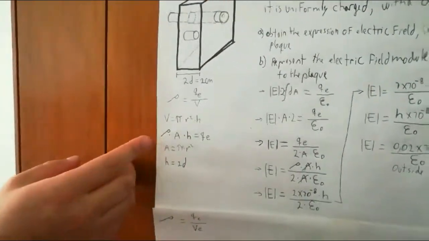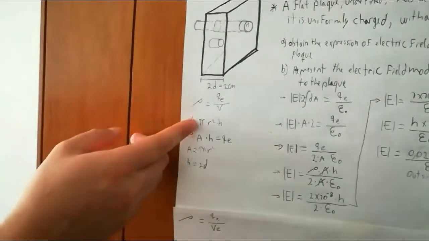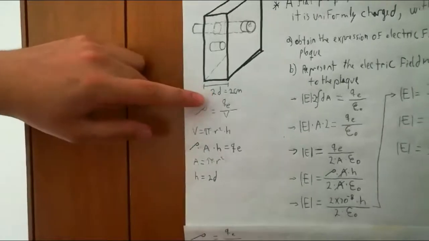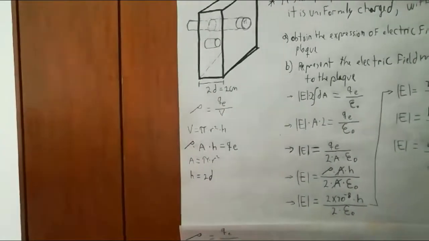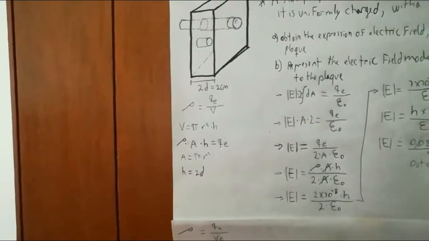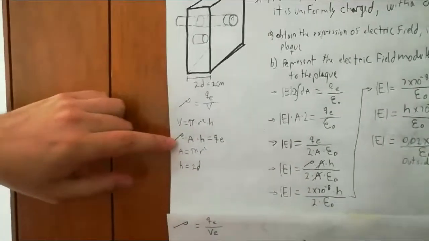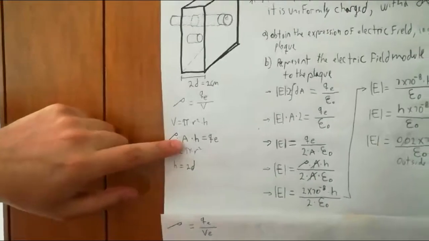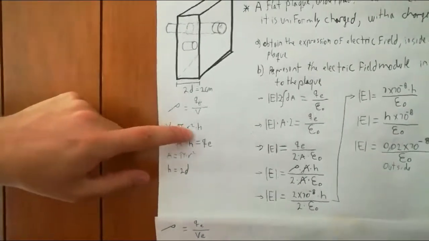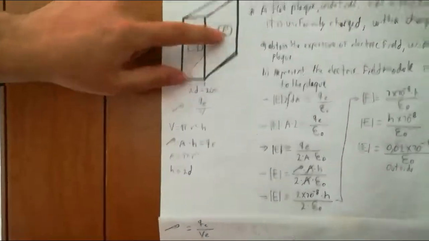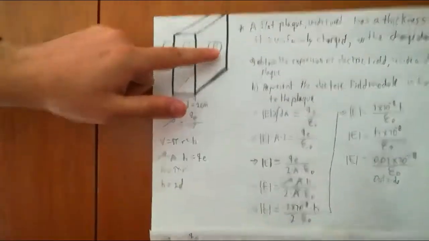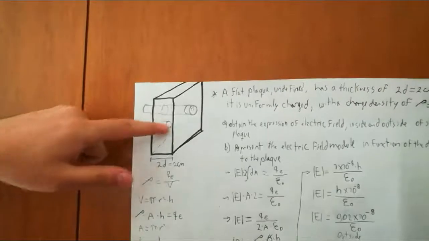So what we're going to do later is clear Q_E, the enclosed charge. To do this, we take the expression of volume divided by area, that is pi multiplied by R squared, the area of the circle, and we take H, that is the height of this cylinder.